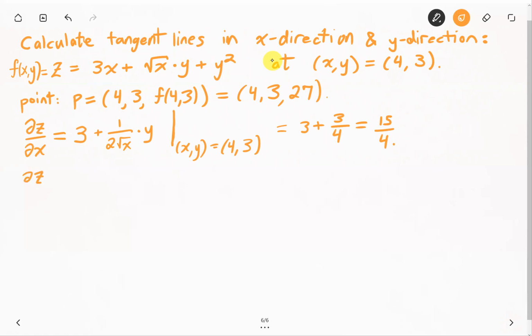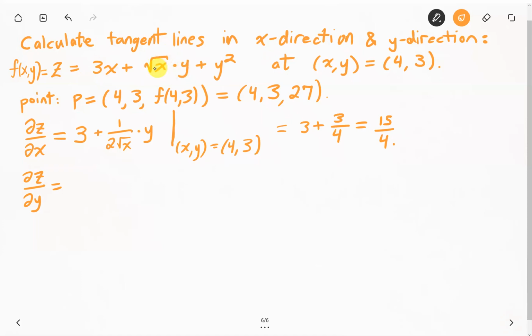Next, let's calculate the partial derivative dz dy. Remember, this is with respect to y now. Y is the variable, and we'll treat x as a constant. And so our first term, 3x, since x is a constant, the derivative of 3x is 0. And over here, square root of x times y.